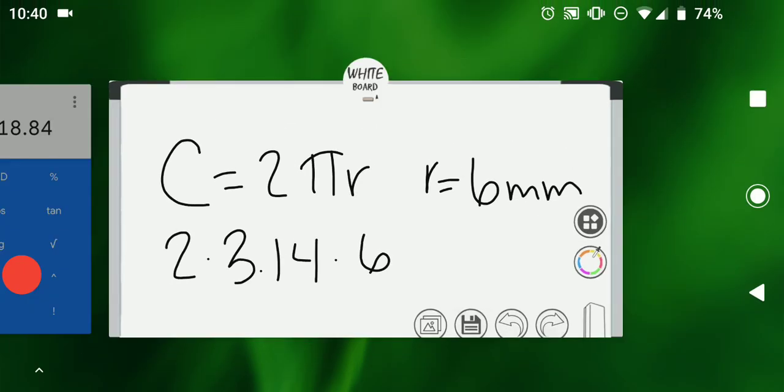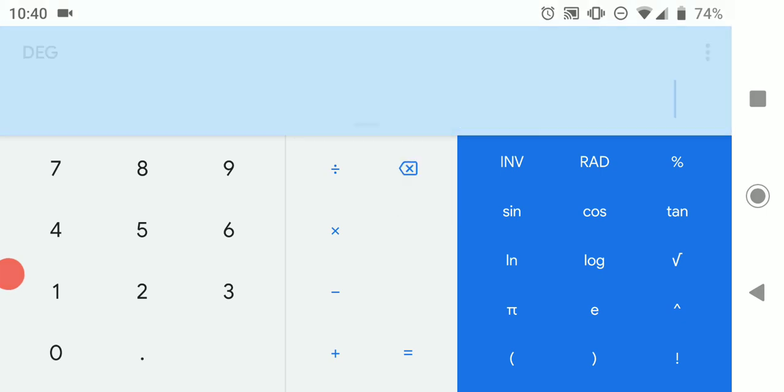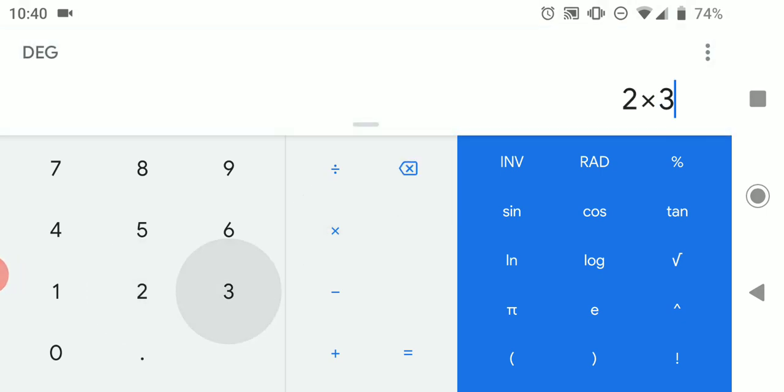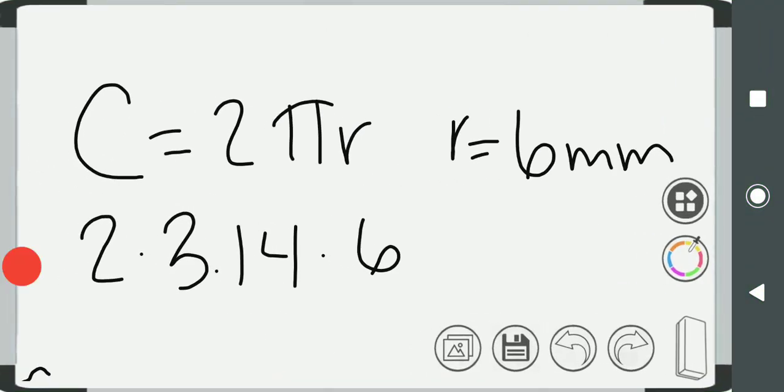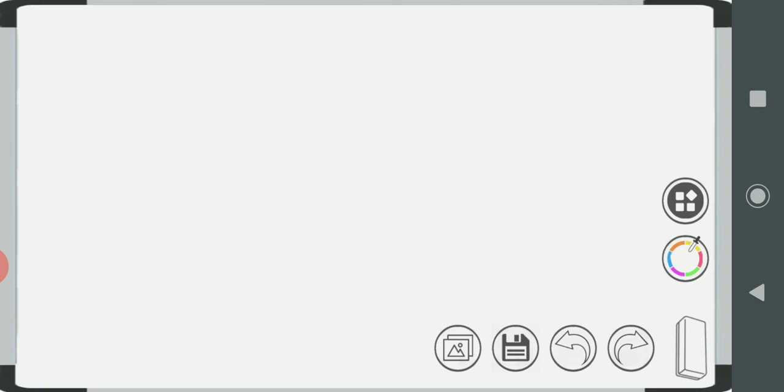Okay, flip over to our calculator and clear this out. 2 times 3.14 times 6 gives me 37.68. So my answer is 37.68 millimeters.